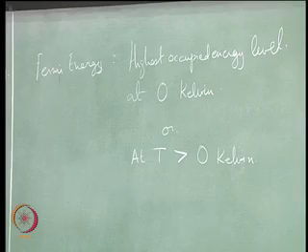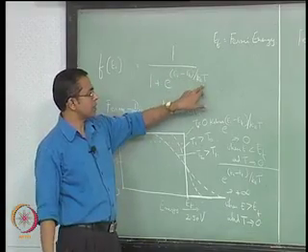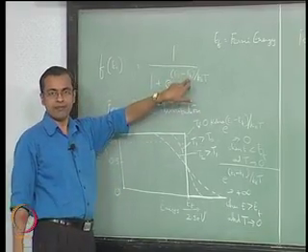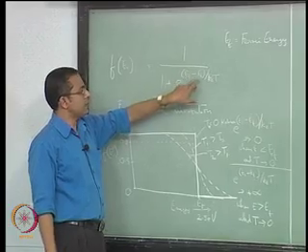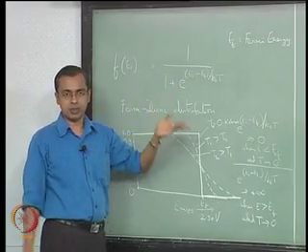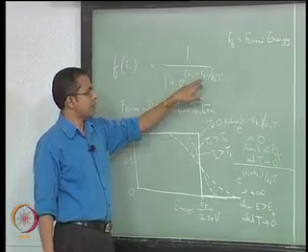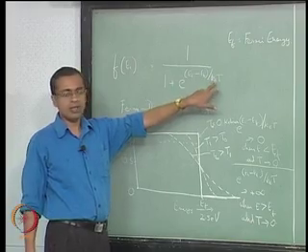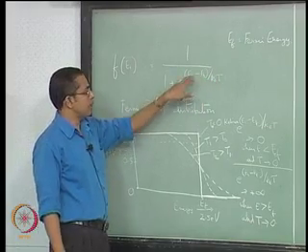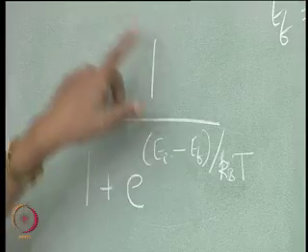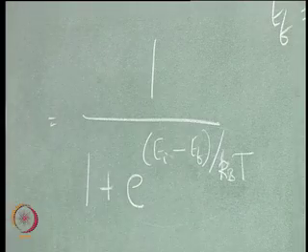If you look at this plot here, when T is not equal to 0 and E equals EF, this E minus EF is going to be 0, okay. So E minus EF is 0 divided by a non-zero quantity, so that is still 0, so e power 0 is 1, okay. So therefore this f of E will evaluate to half.